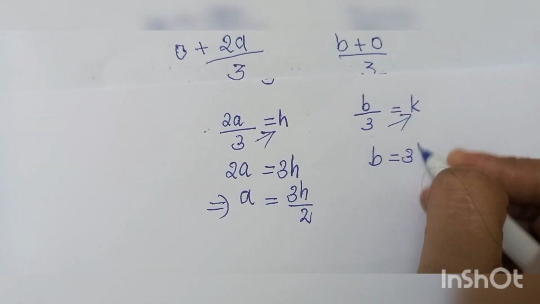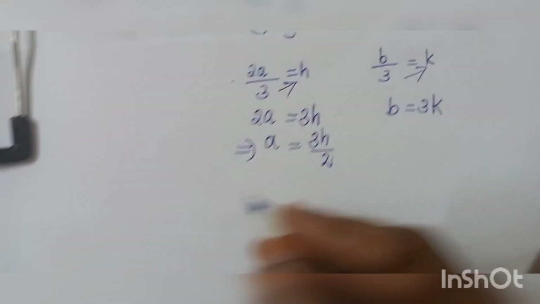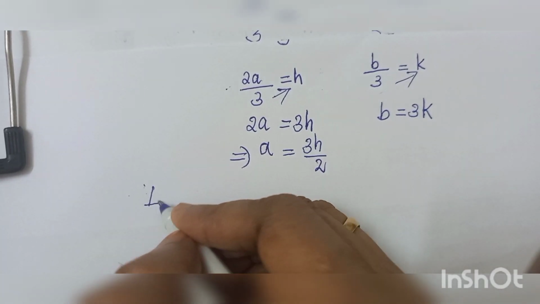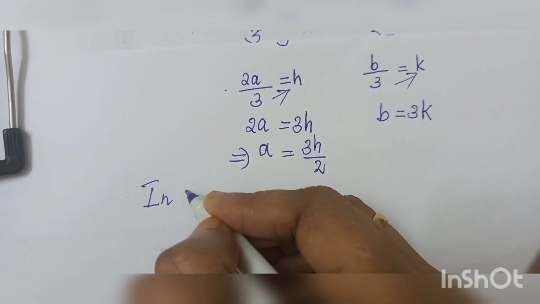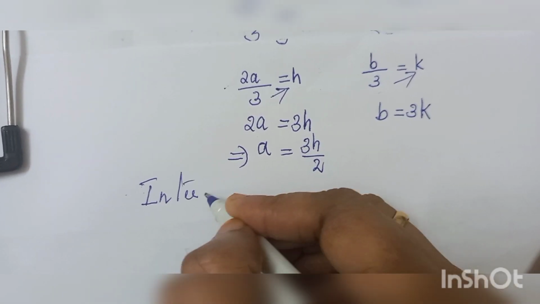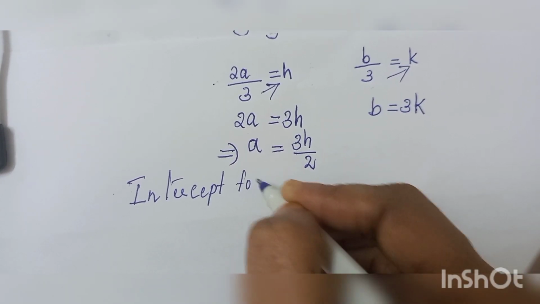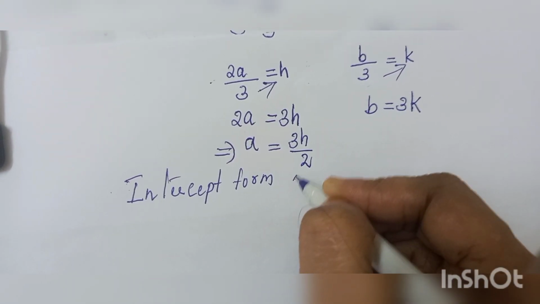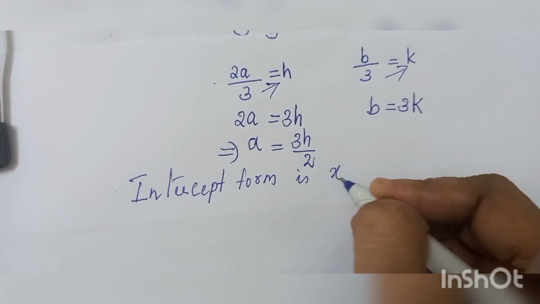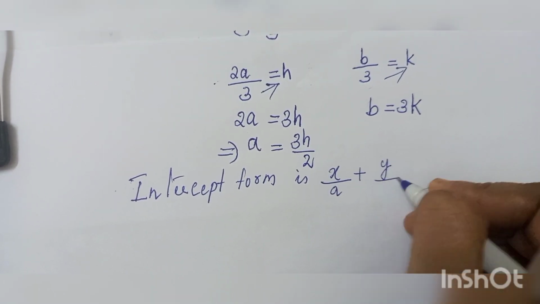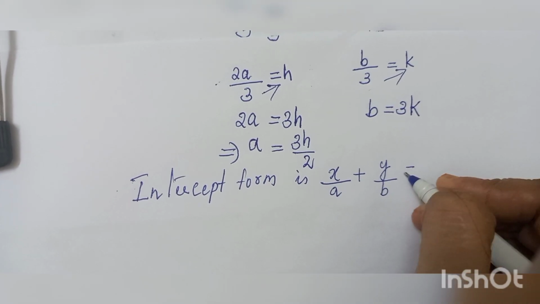So we can write the intercept form, x by a plus y by b is equal to 1.